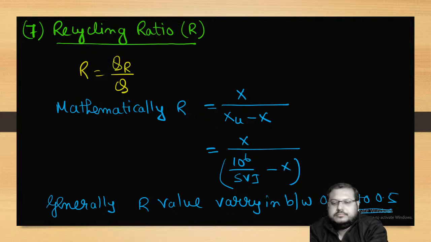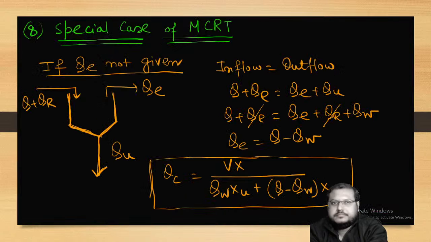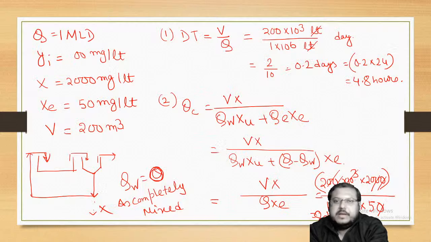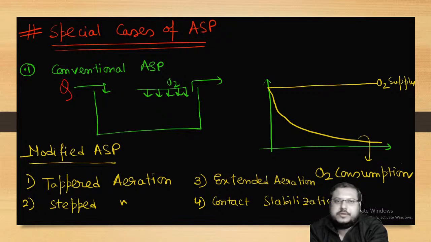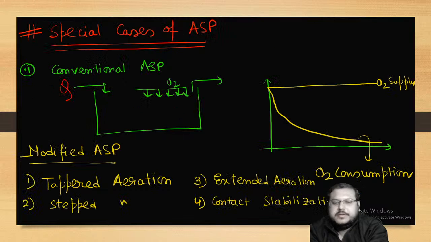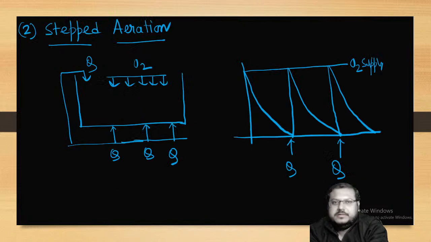Recycling ratio, problem we have solved. Then we have gone for some special cases of the activated sludge process like conventional ASP and modified ASP: tapered aeration, extended aeration, stepped aeration, contact stabilization. This is for tapered aeration. This is stepped aeration.